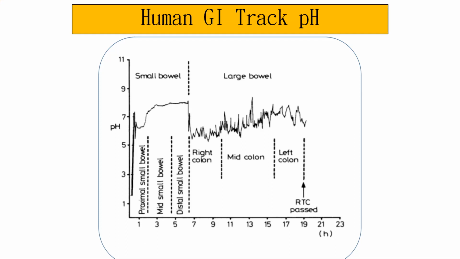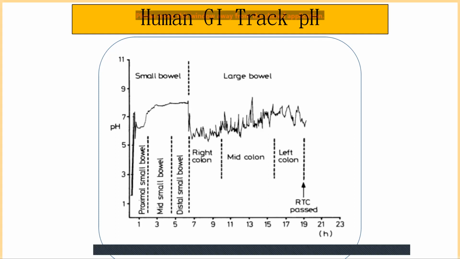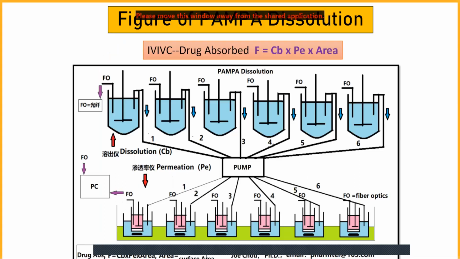The first segment is the stomach at pH about 1.6, and the upper small intestine is at about pH 6.5. With this measurement along the human GI tract, we designed a dissolution according to whatever was found in the NIH graph.